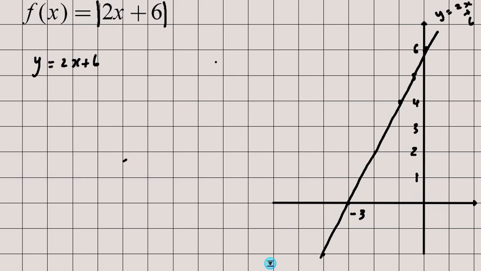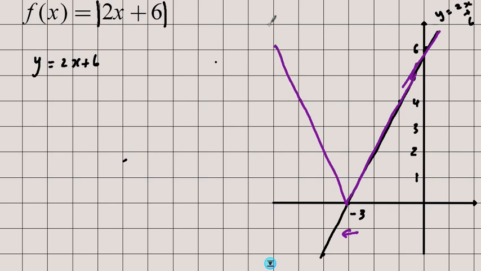Now, for our absolute value function, this part is not allowed because the y values are negative. So we simply reflect. This part remains the same, but this part is reflected in the x-axis.